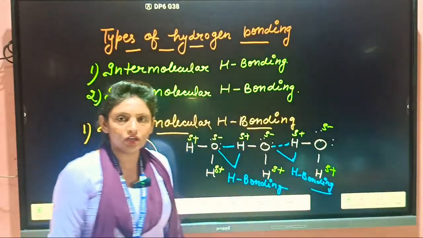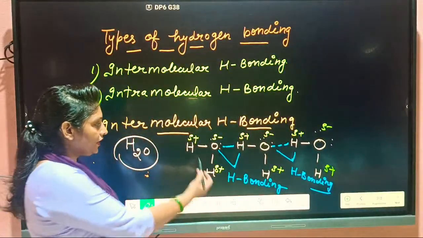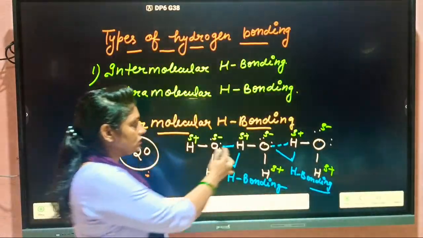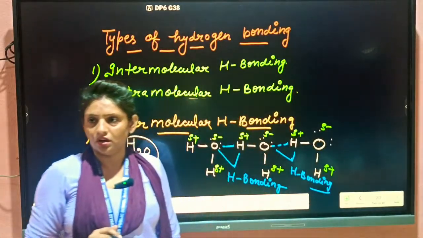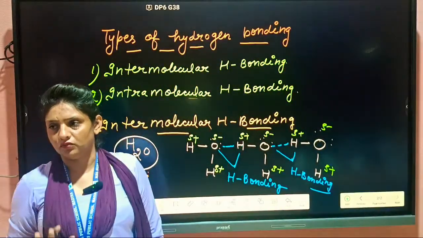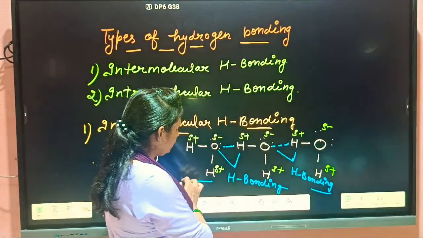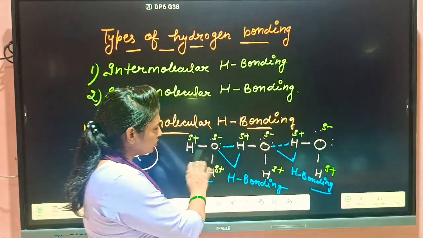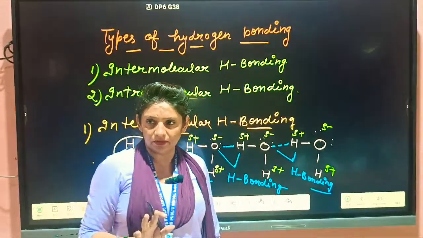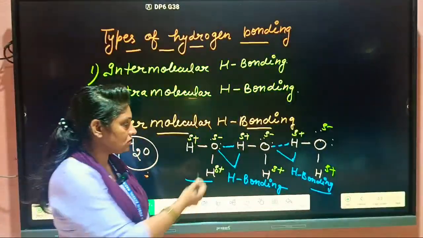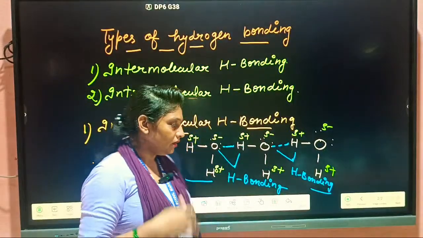Here the molecules will be different. This is one water molecule, this is another water molecule, but molecules may be the same or different also. Clear or not? Like water, both molecules are of the same type, all molecules are of the same type.